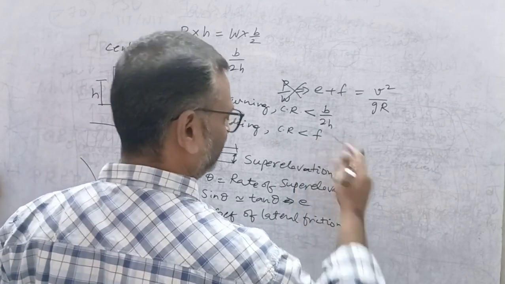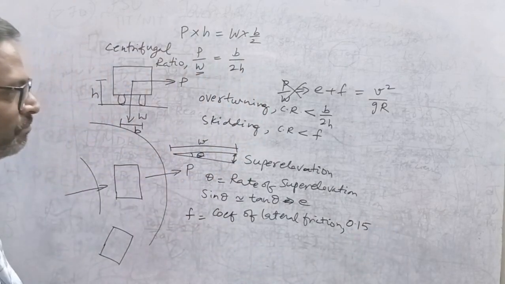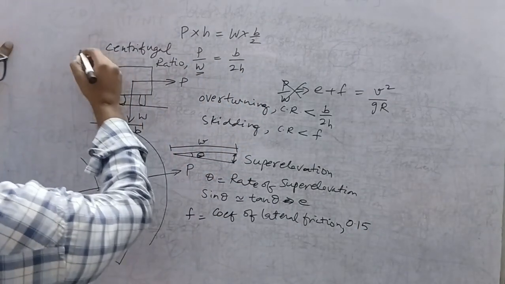Generally the coefficient of lateral friction is taken as 0.15. This is the centrifugal ratio.